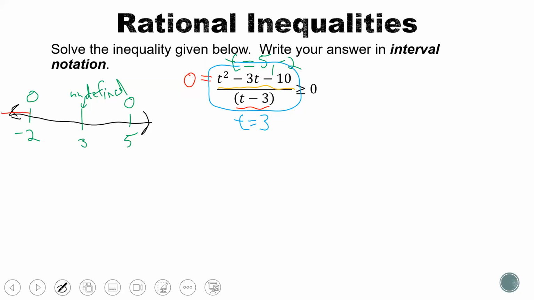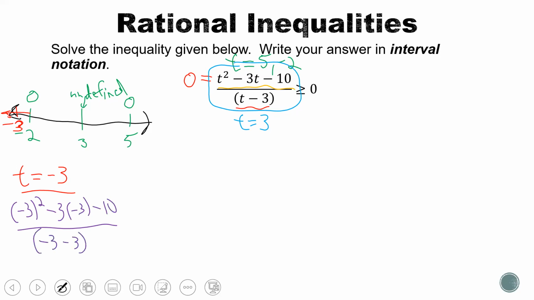So I'll start with a value less than negative 2. For simplicity's sake, I'm going to use t equals negative 3 here. Go ahead and plug that in for t into the function. So I have negative 3 squared minus 3 times negative 3 minus 10, all divided by negative 3 minus 3. If we work that out, in the numerator we'll have 9 plus 9 is 18 minus 10 is 8.